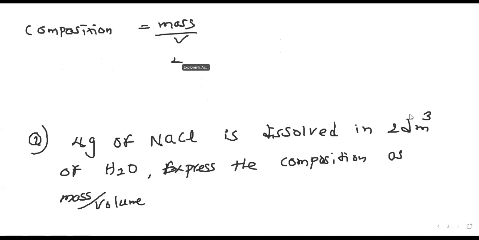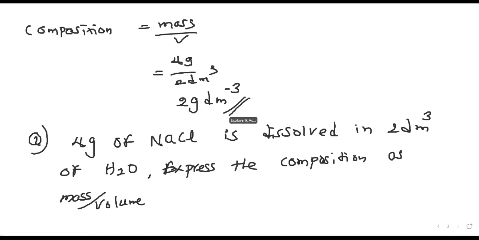So mass is 4 grams in 2 decimeter cubes. So simply we'll get the simplification as 2 grams per decimeter cube.